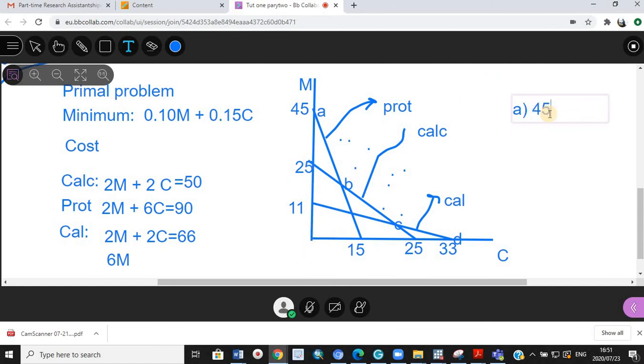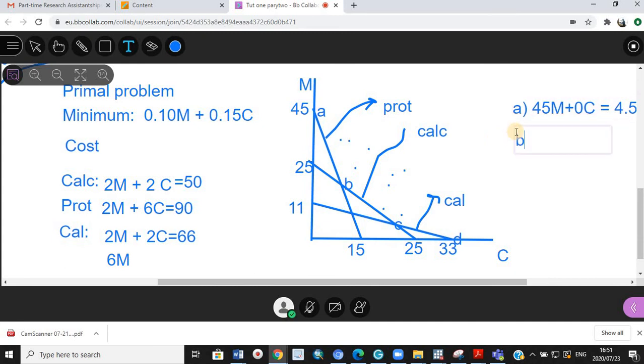We will say 45 m, then we multiply this m by its price, and we know the price, which is 0.10, right? So this should be equal to, okay, let's say plus 0c. This should be equal to 4.5, right?